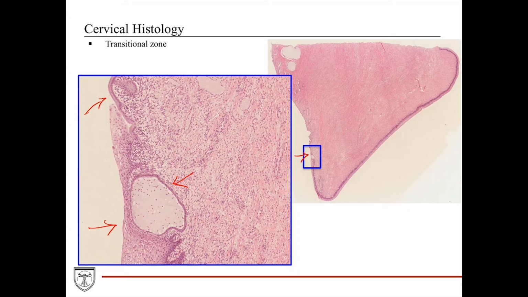Cervical cancer has been shown to arise around this area of transitional zone. So that's one of the reasons why this area is sampled during pap smear for any dysplastic cells. And also of interesting note, during the reproductively active age, the transitional zone actually gets pushed out into the ectocervical space, so that region is a little more accessible during pap smear.